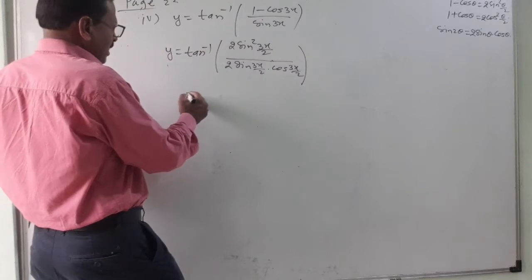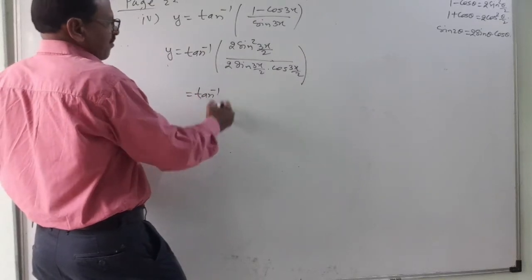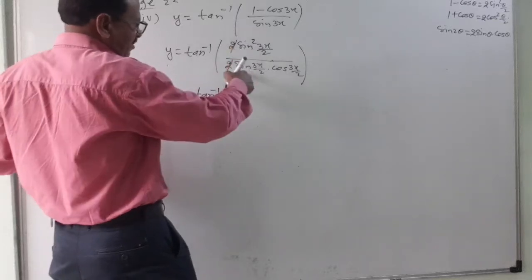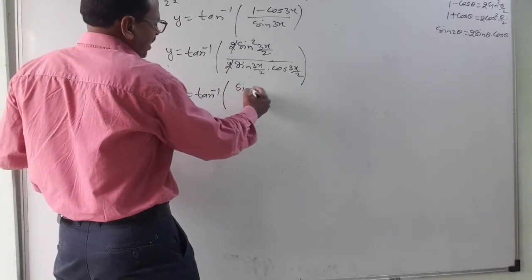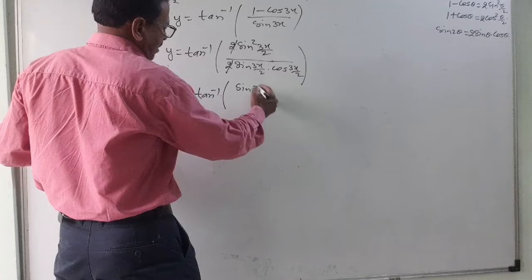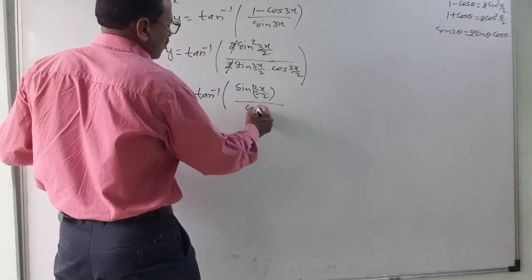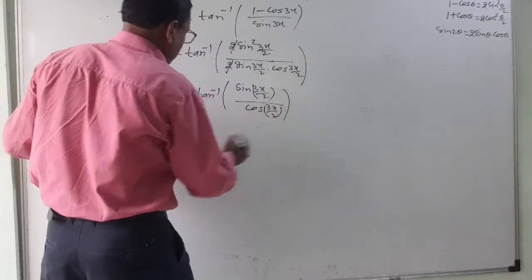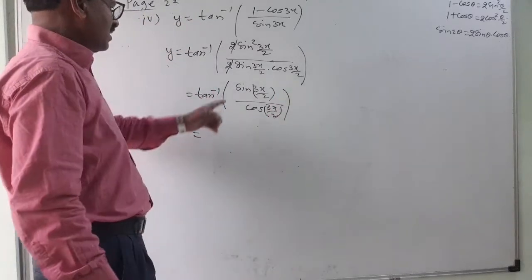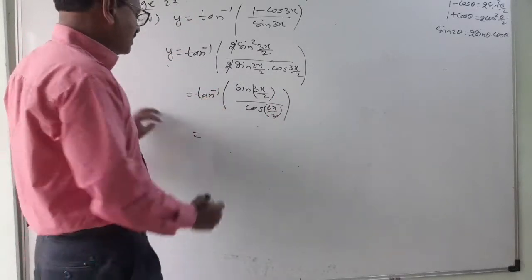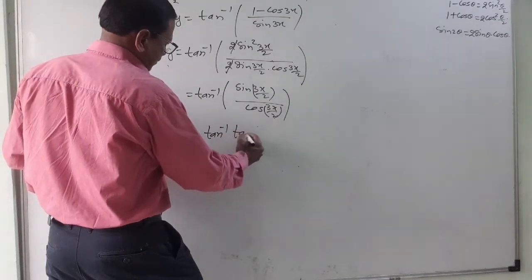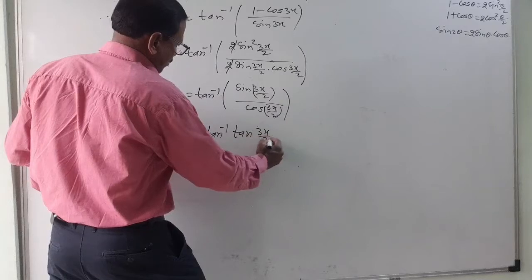So that is equal to tan inverse of, this 2 and 2 will get cancelled, one sin will get cancelled. In the numerator there will be one sin of 3x upon 2 remaining, upon cos of 3x upon 2. So that is equal to, sin upon cos is tan, tan inverse of tan 3x upon 2.